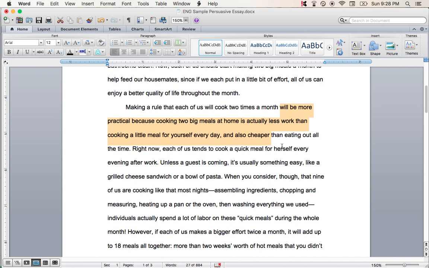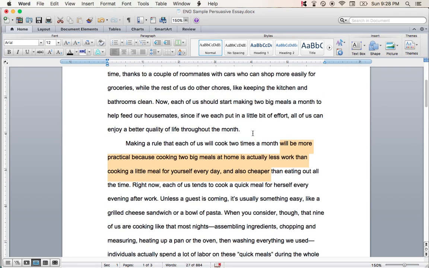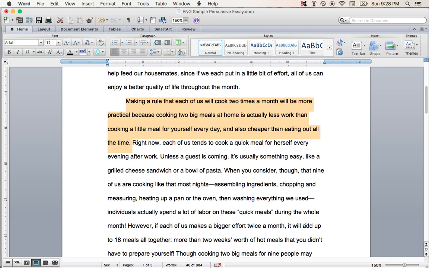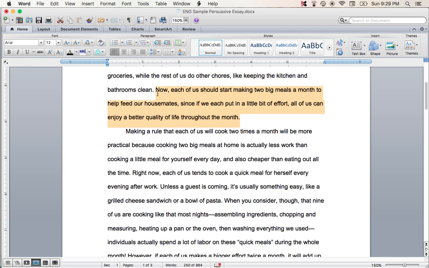Everything is organized around that because it's helping to support this thesis statement, which is about why we should adopt the plan. We adopt the plan because of its benefits, so that's what the body paragraphs are focused on. What are the advantages of doing this instead of sticking with the things we already do? All right, and then we get all the evidence that helps to support these reasons, which in turn support the thesis statement.